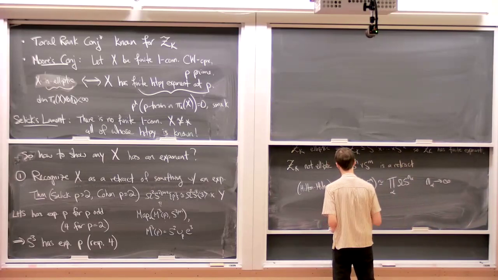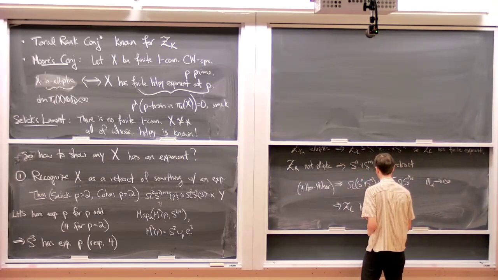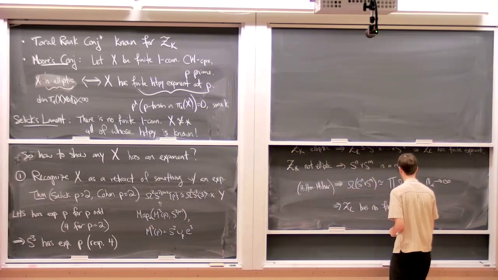So in that case, Z_K would have no finite exponent.